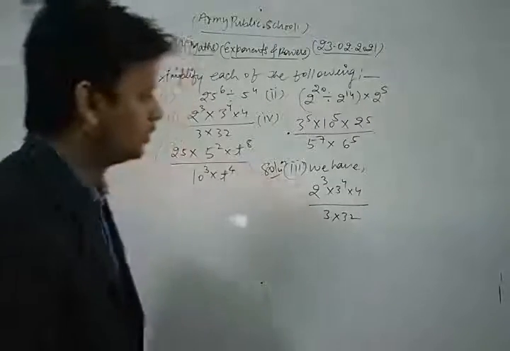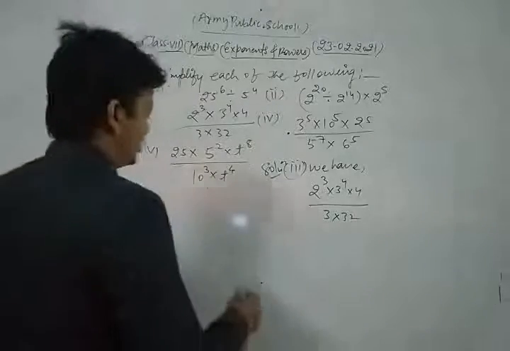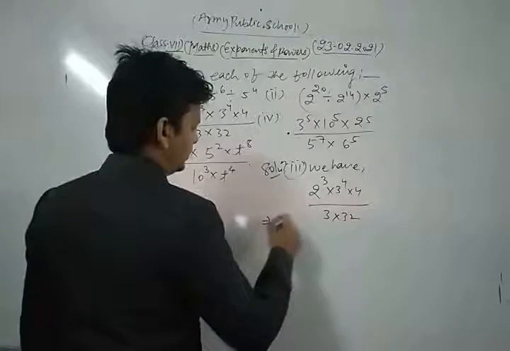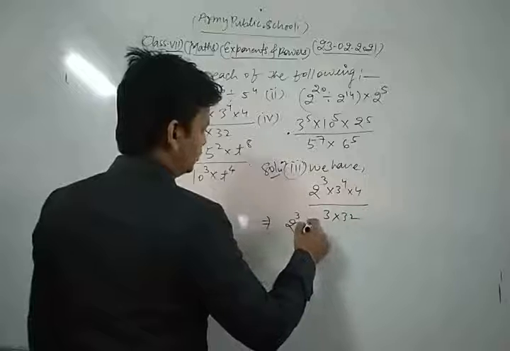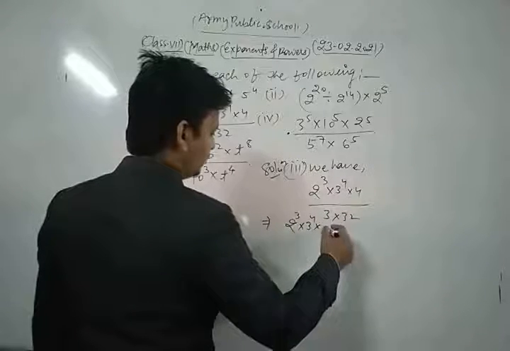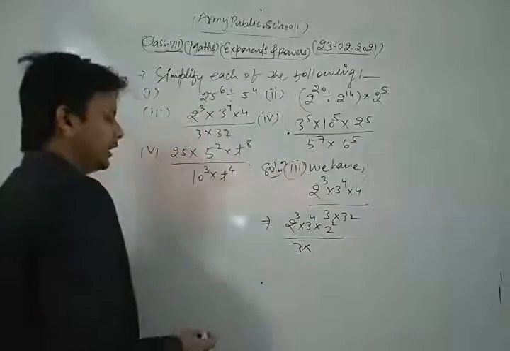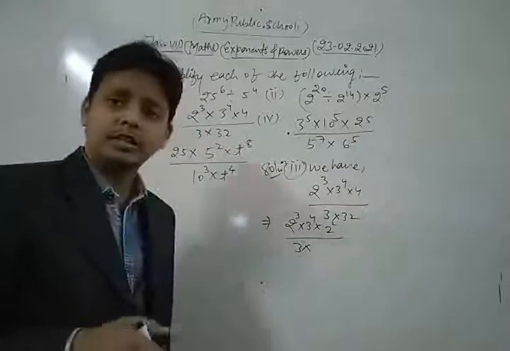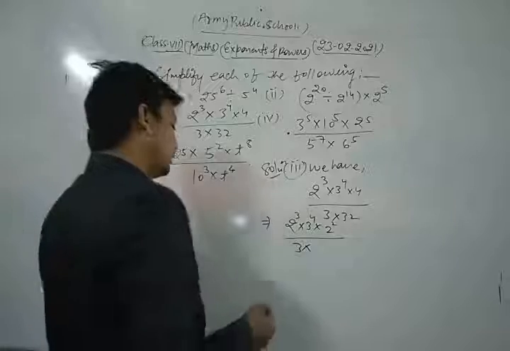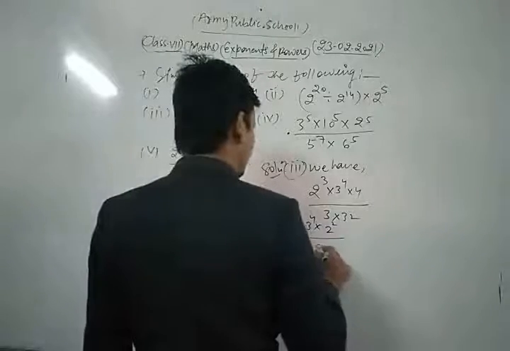Okay, dear students, now we just simplify it. So we write 2 power 3 into 3 power 4 into, we write 4 as 2 square, 3 as it is, and 32 we write 2 into 2 into 2 into 2 into 2, 2 mentioned 5 times, so 2 to the power 5.